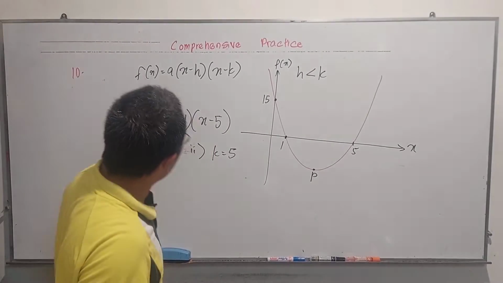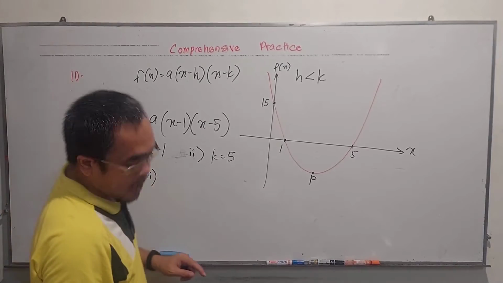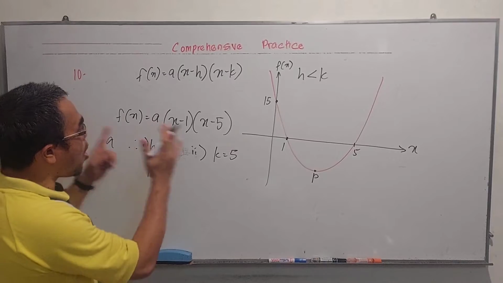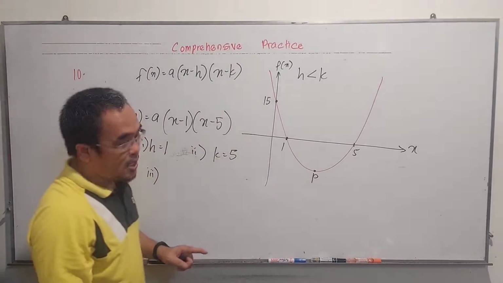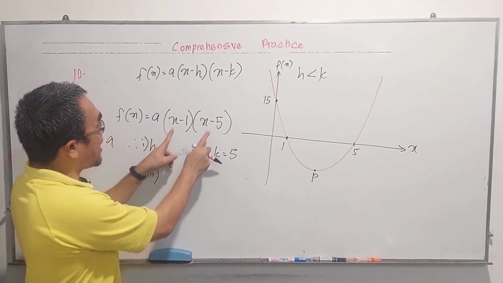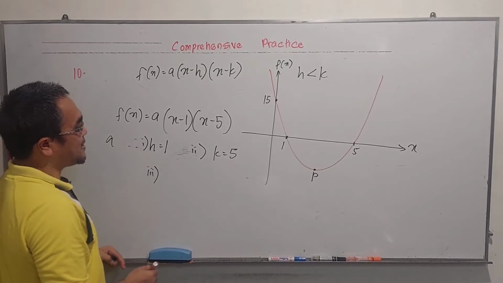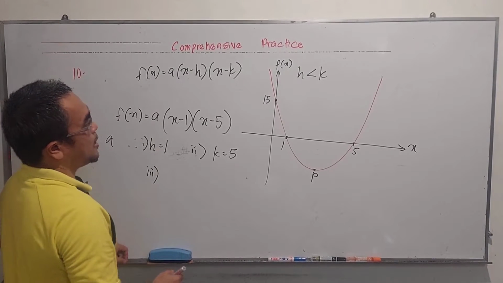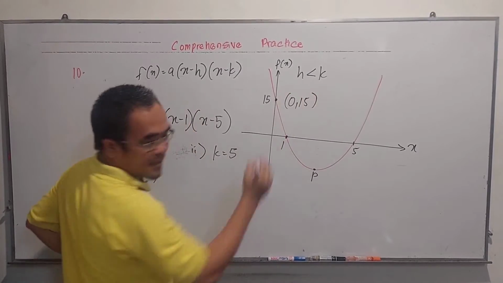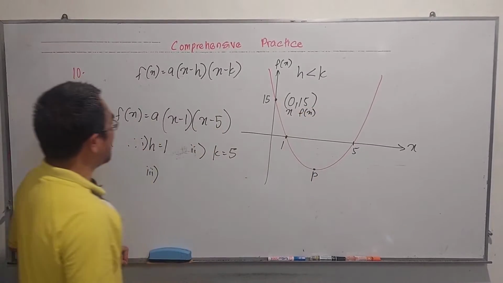But in order to find the value of a, you have to substitute a coordinate that is on the curve but is not a root, because we already have the roots. You have to use the coordinate 0, 15. So x is 0, f(x) is 15.